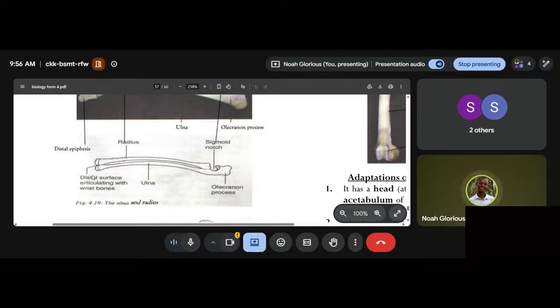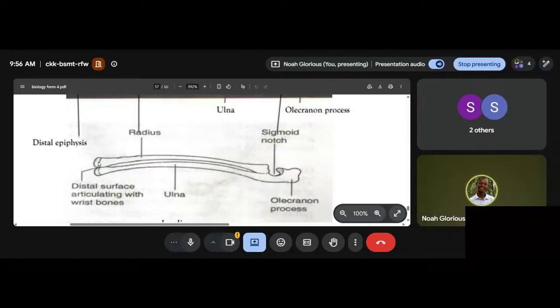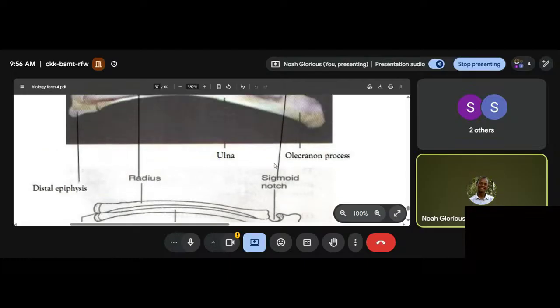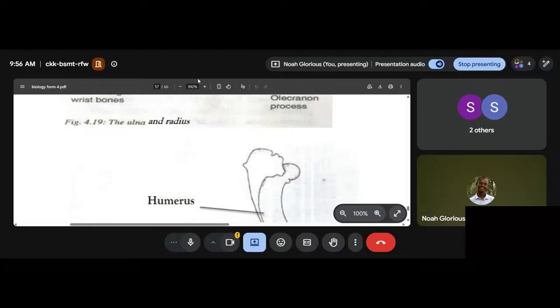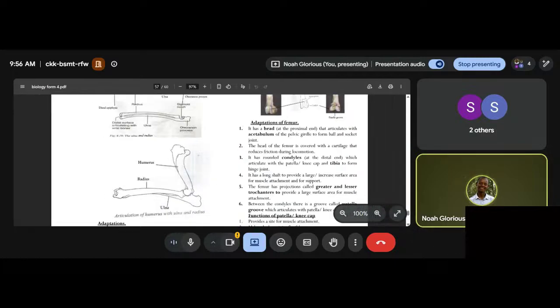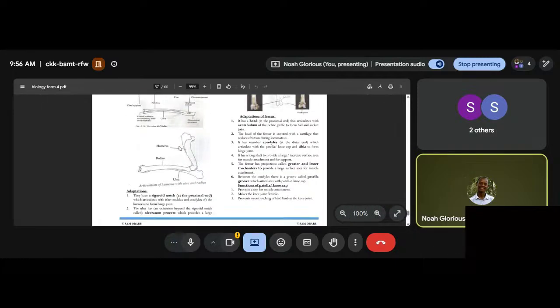Then we have the cartilage on the outermost part on this side, and then the ulna is taller, with a sigmoid notch and the olecranon process. On the other side, there is another small bone that projects out, which we called the coracoid process.